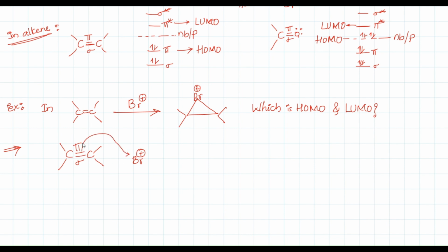The highest occupied molecular orbital is the pi of the alkene, as the electrons are going to shift from the pi bond to the vacant p orbital. So we write the pi C double bond C to the p orbital of Br plus, right? This is HOMO and this is LUMO, right?